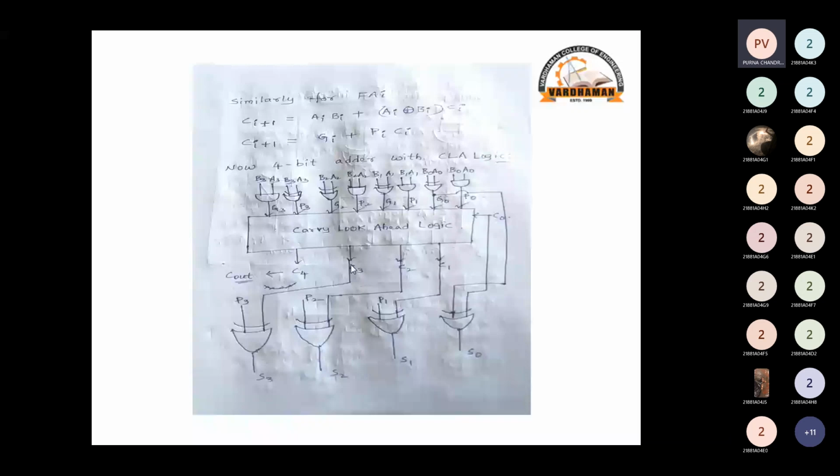Carry look ahead logic means we can determine all carries of the full adders well ahead of the addition operation. In this way we can perform n-bit addition using carry look ahead logic.